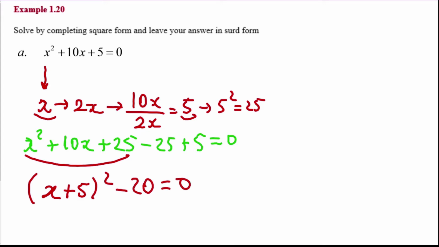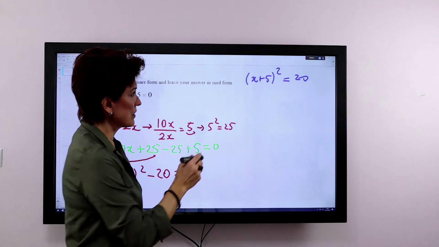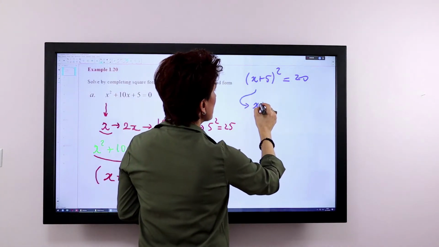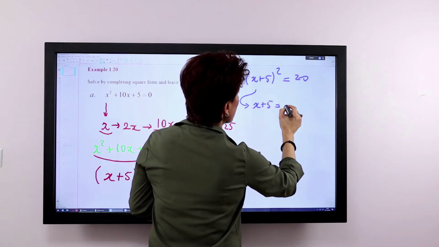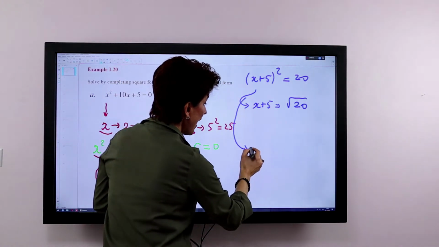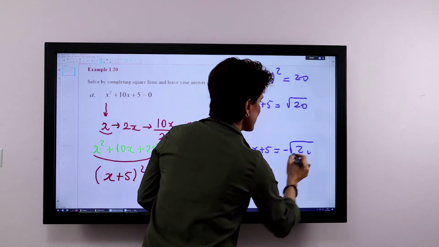If I move negative 20 to the right-hand side, we have (x plus 5) squared equals 20. Which number squared is 20? We have two options: x plus 5 equals the square root of 20, or x plus 5 equals negative square root of 20.